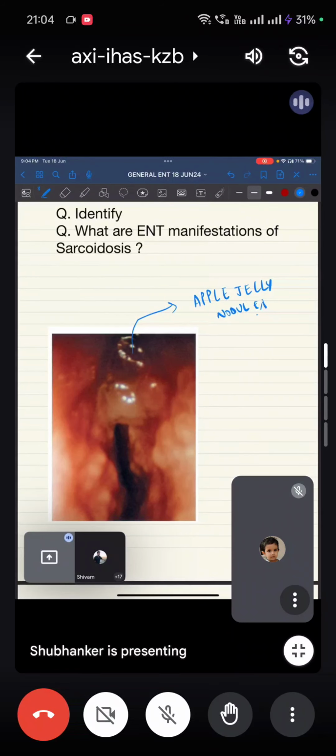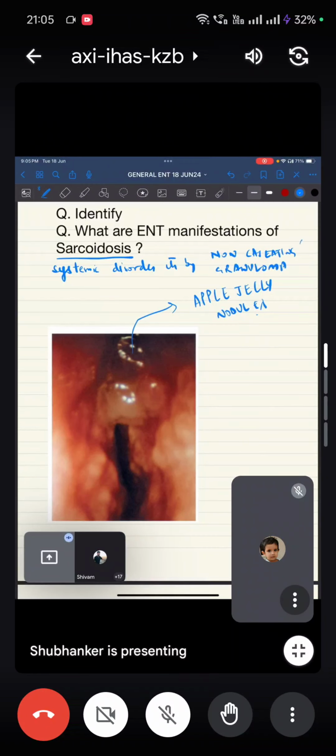So in sarcoidosis, two words you should remember. If somebody asks you to tell something about sarcoidosis in your exam, this is a systemic disorder. Not only an ENT thing, it's a systemic disorder which is characterized by, this is a very important word, non-caseating granuloma. Okay? Don't forget it.